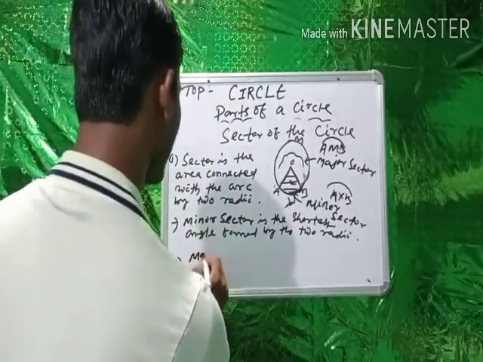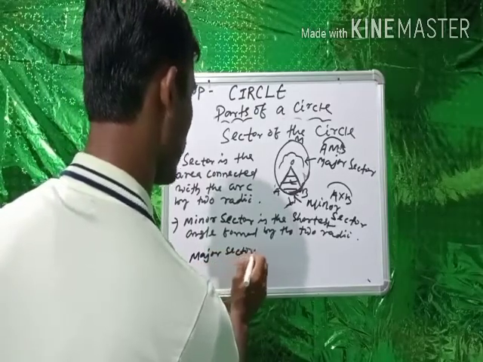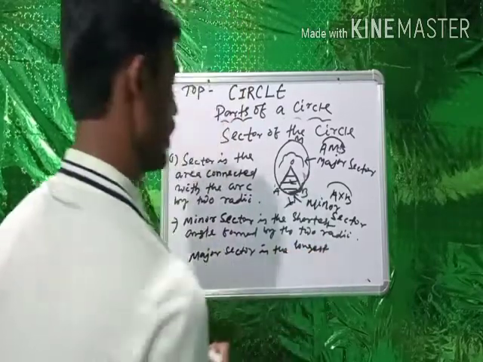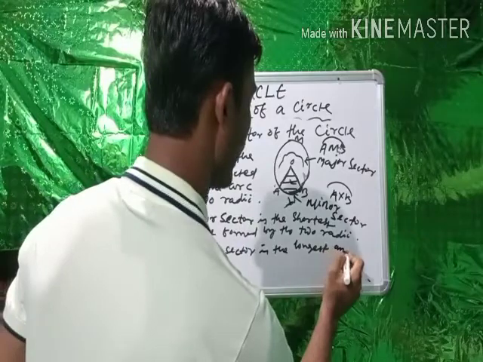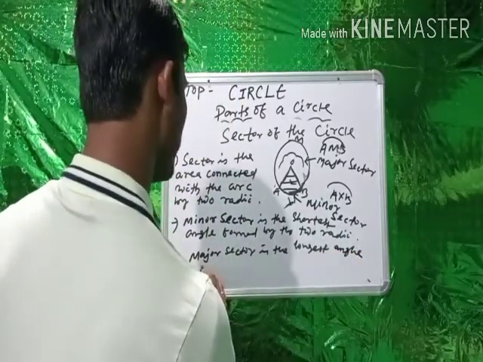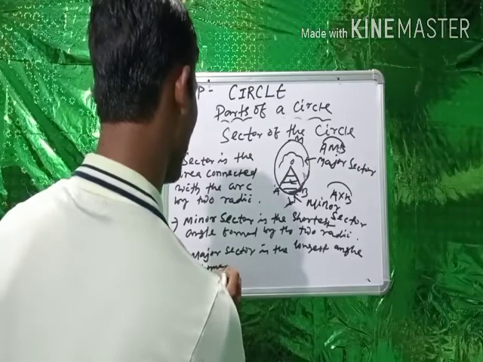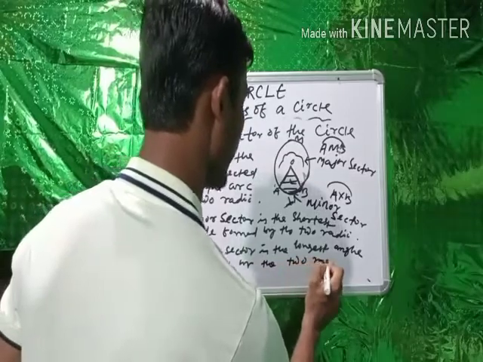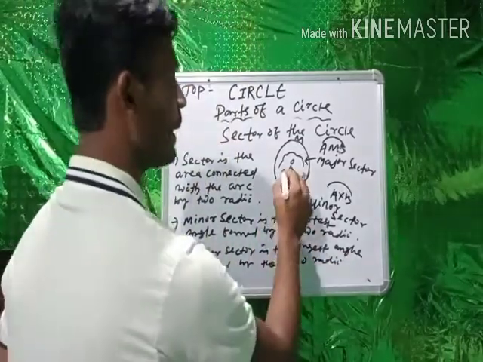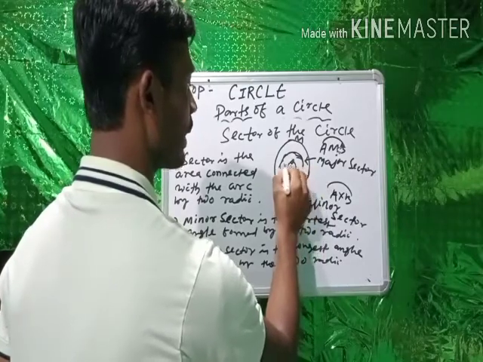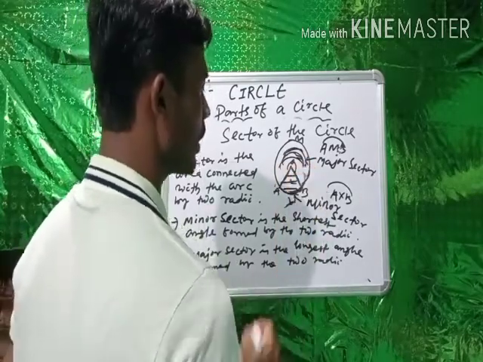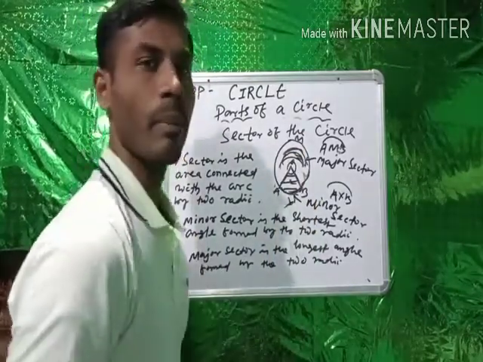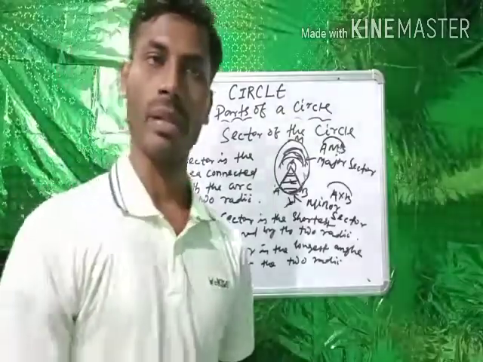Now the major sector is the longest angle formed by the two radii. That means it creates an area. Look at the angle formed there, which creates an area, that is the major sector, and the minor sector is the shortest angle. So these are the parts of the circle I discussed.